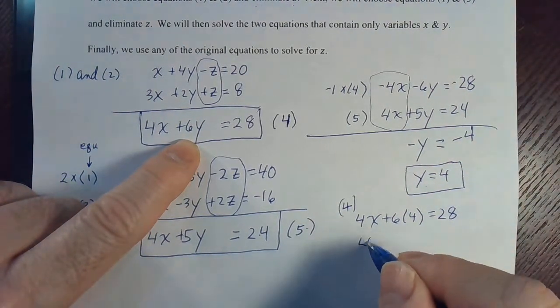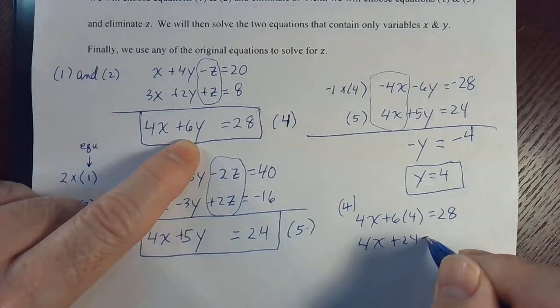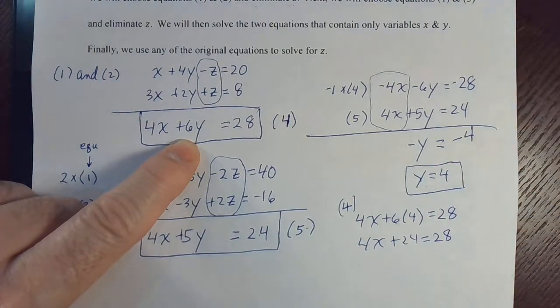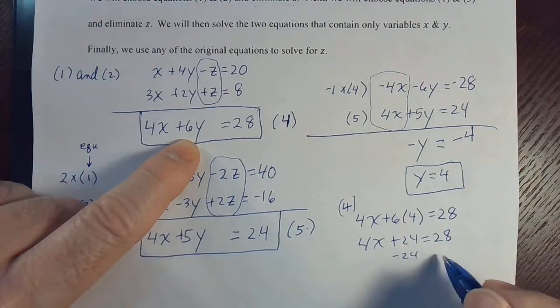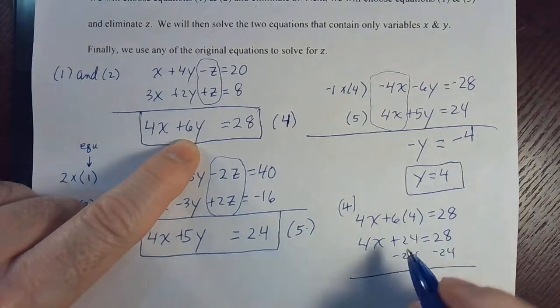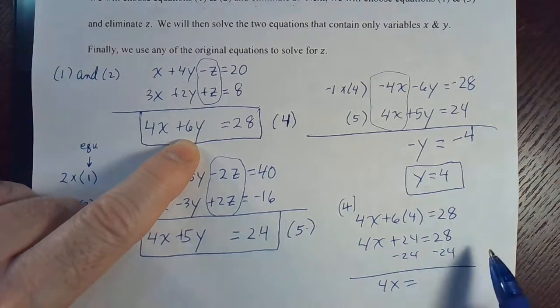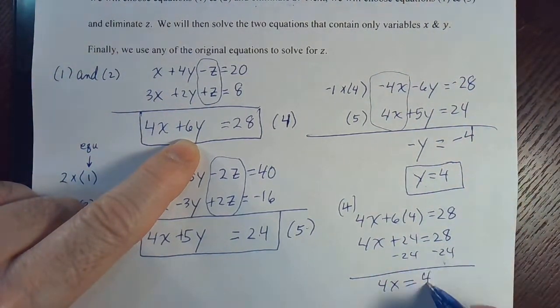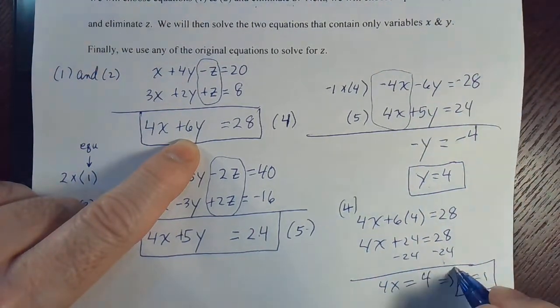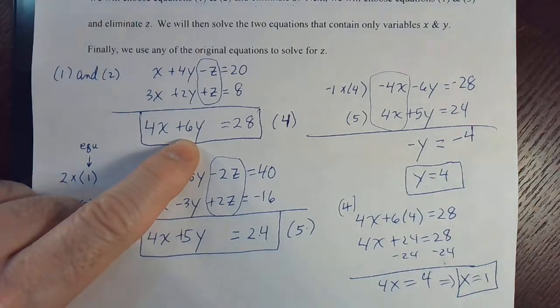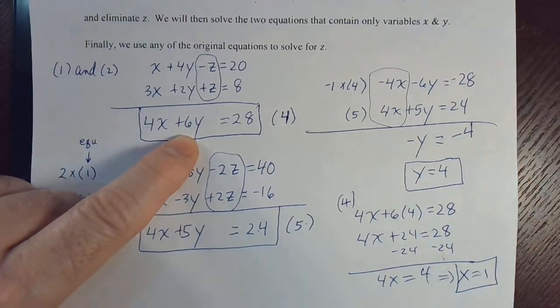Okay, so 4x plus 24 equals 28. Subtract 24 from both sides, and we get 4x equals 4. So x is equal to 1. So we're almost done. We just need z now.